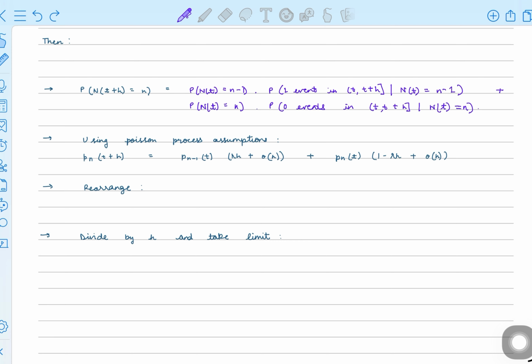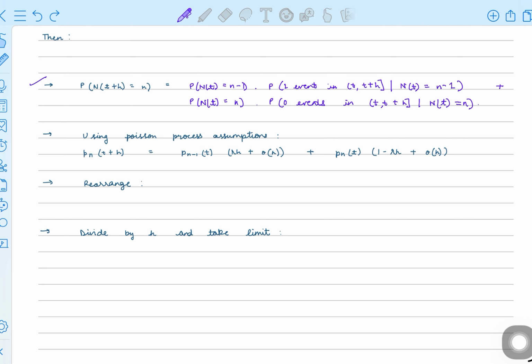We now represent the probability of n events occurring in the time interval t plus h using the following equation. This is the sum of the first two cases that we had covered earlier. The first case is written as the probability that the number of events that occur in the time period t is n minus 1, multiplied by the probability of one event occurring in this time interval, given that the number of events in time t was n minus 1.